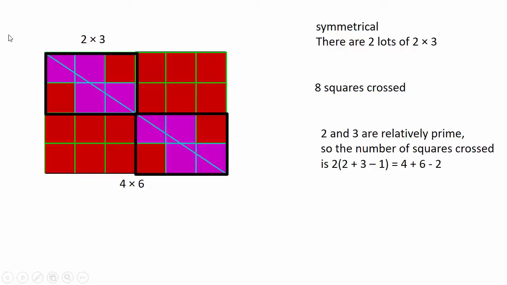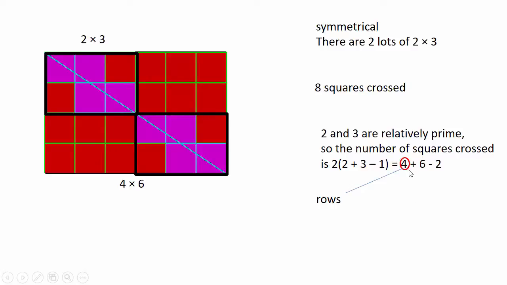Do you notice that 2 and 3, what we started with, are relatively prime? So that means we can use our formula previously where we add the number of rows to the columns and minus 1. And because we have 2 lots of 2 by 3s, we can multiply the whole thing by 2. And that gives us our answer, expanding out the brackets, of 4 plus 6 minus 2, which comes out to be 8.